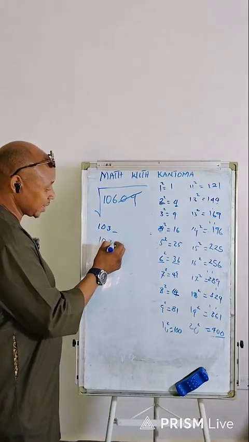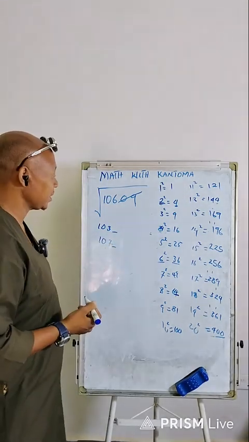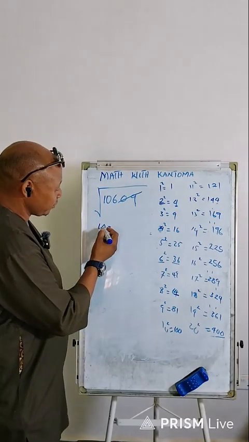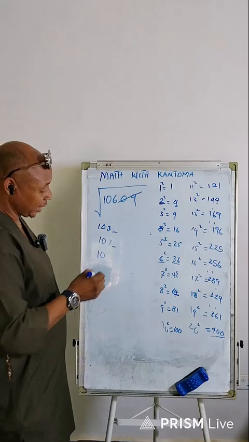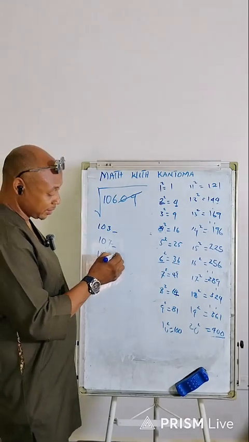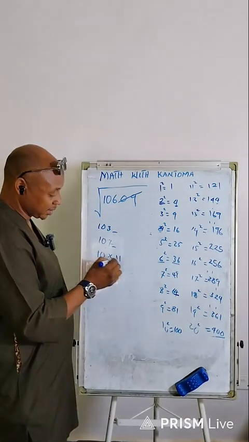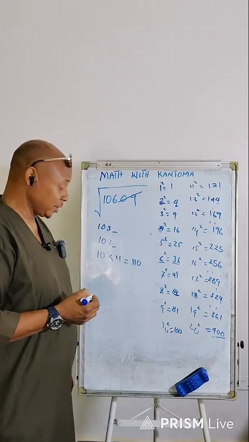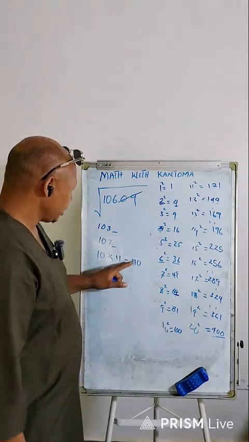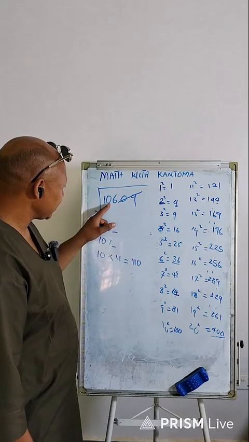So which one is the right answer? For us to determine the right answer here, we said we've gotten 10 as the first digits. Then what number comes after 10? It is 11. Then multiply these 2 numbers. 10 times 11 is 110. So now, is 106 greater than this?